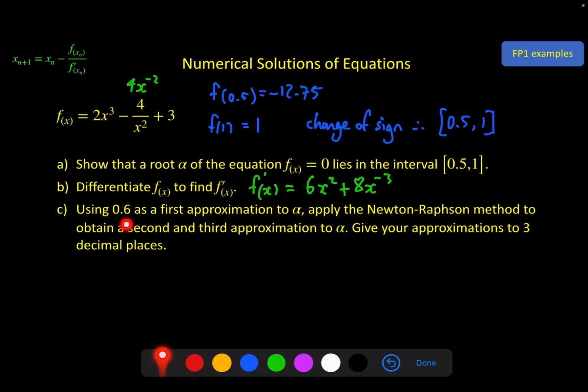Part C, using 0.6 as a first approximation to alpha, apply the Newton-Raphson method to obtain a second and third approximation, giving our approximations to 3 decimal places. So I'll call this one x0. So my second and third approximations will be x1 and x2. The function evaluated at 0.6 is a fairly horrible number.